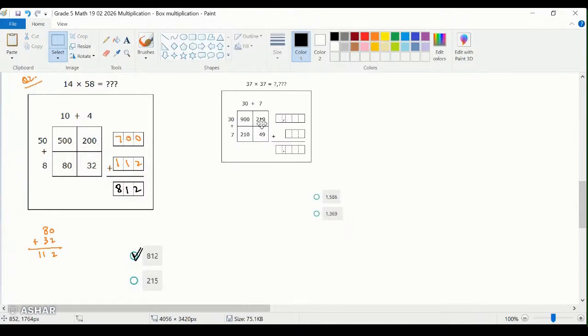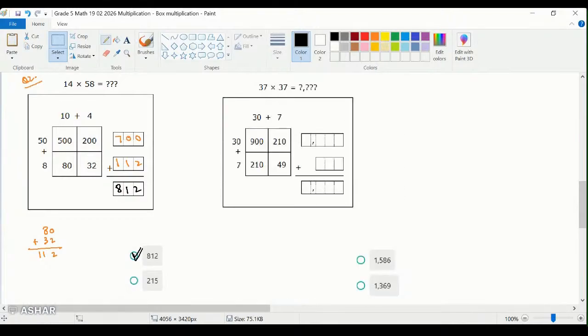The next question, they're saying 37 needs to be multiplied by 37. They've done most of the working for us. Inspiration, focus over here, please. Which option should be correct?